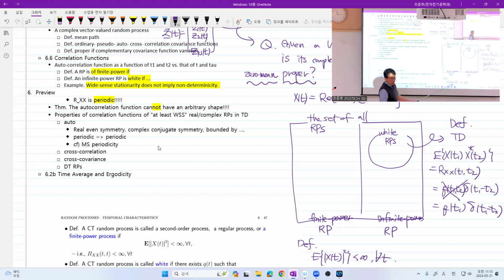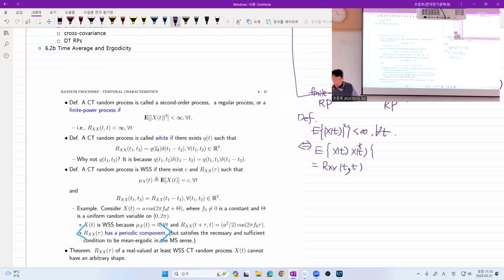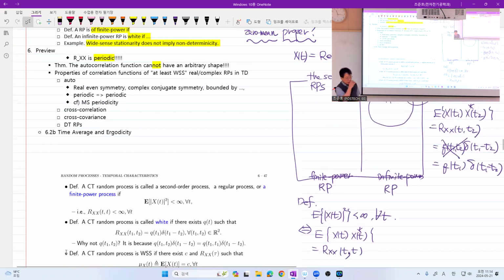See that? This is what? This can be rewritten as expectation of x of t1 and x of t1 conjugate, which is x of t and x of t conjugate. So it's the autocorrelation function of x evaluated at the same time instant. And see that in this case, whatever t you have is finite, right?